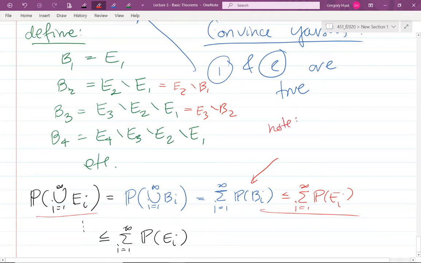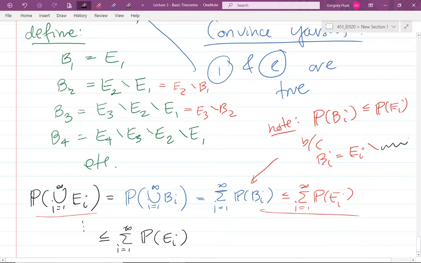We just have to note that the probability of B sub I is less than or equal to the probability of the corresponding E sub I, because B sub I is E sub I less some stuff.